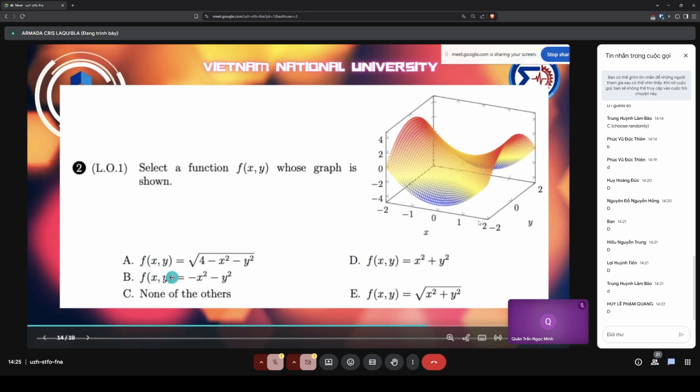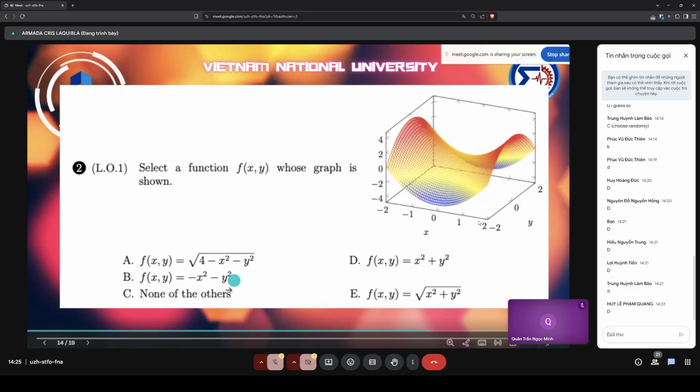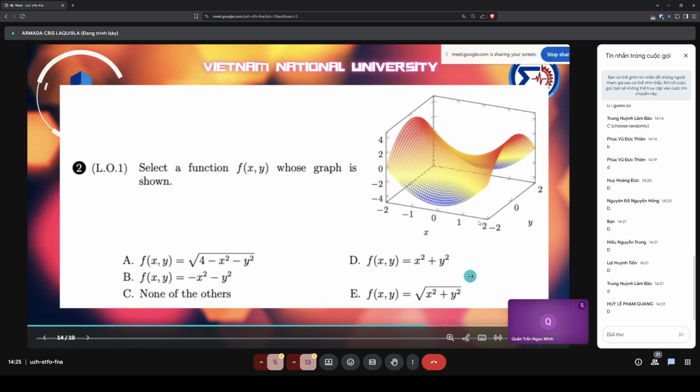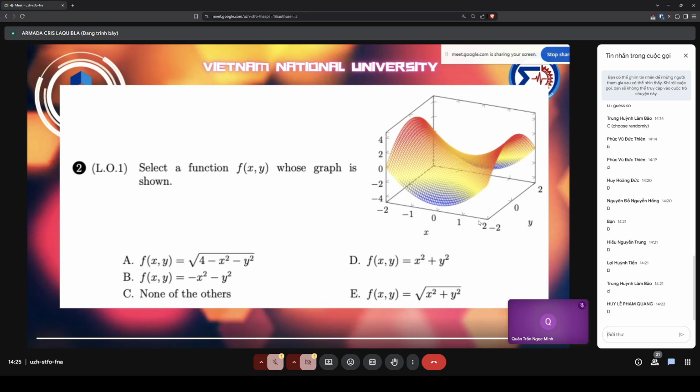Your z is your f of xy. Please get a point and then substitute it there, and then if they are equal, then that is your function. Okay, go. Again, do not use graphing calculator class, the decimals, in answering that one.